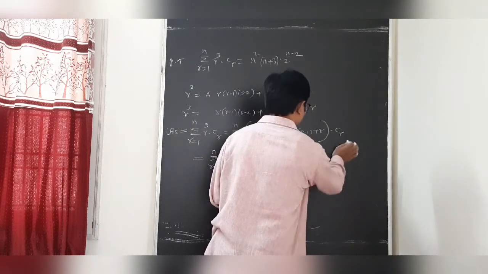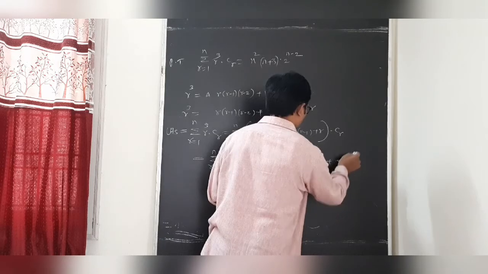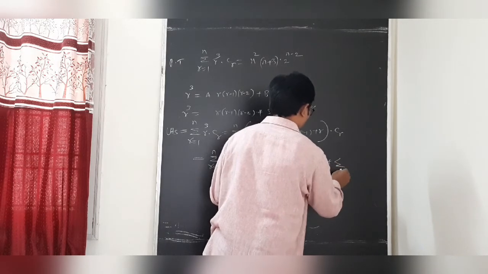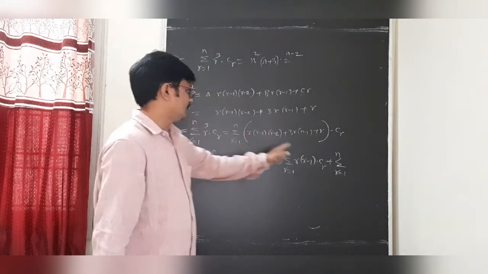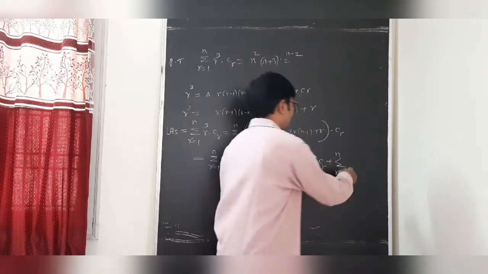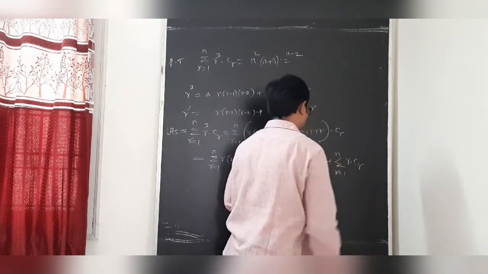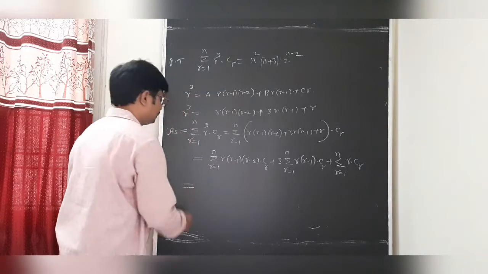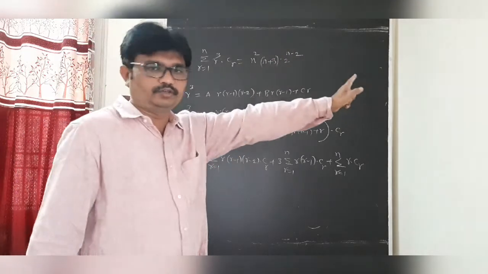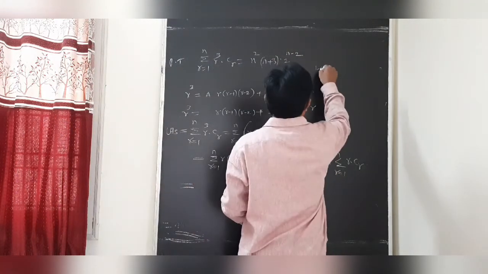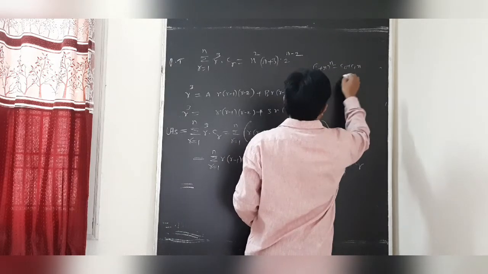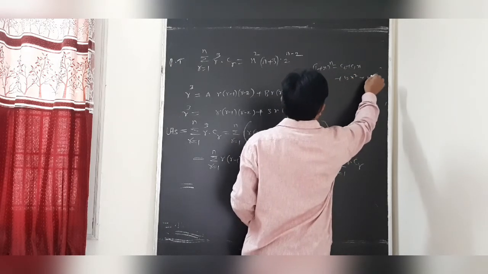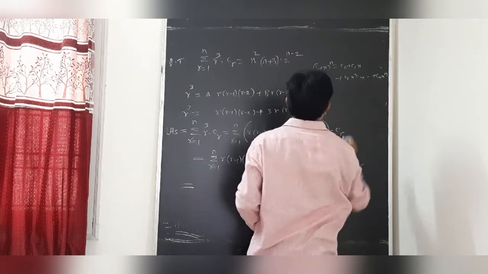My dear students, sigma r equal to 1 to n r into cr. Dear students, this is in the 1 plus x whole power n expansion, which is c0, c1x, c2x square, and so on up to cn x power n.